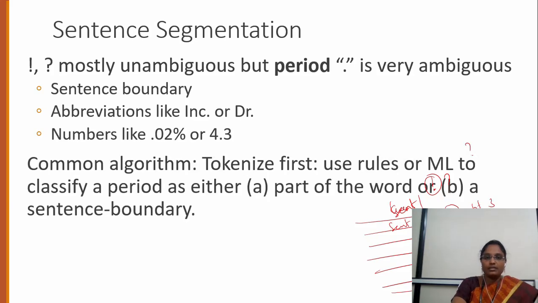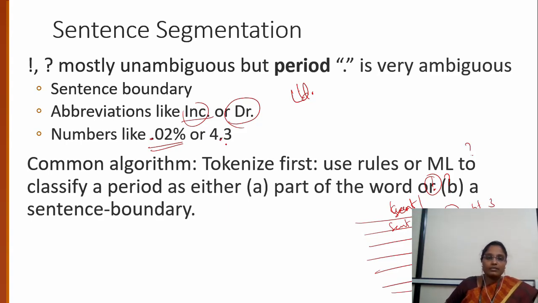For example, things like Mr. or Dr., and some company names, Private Limited, Ltd., Inc., or numbers with percentages. All these things also use the dot or period.